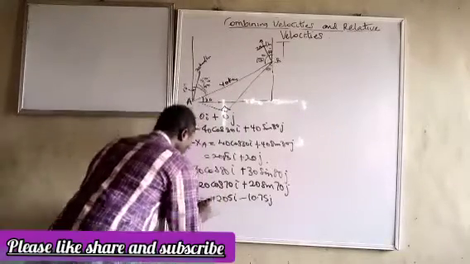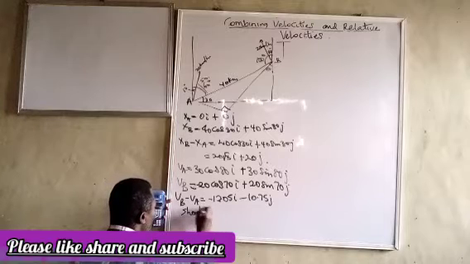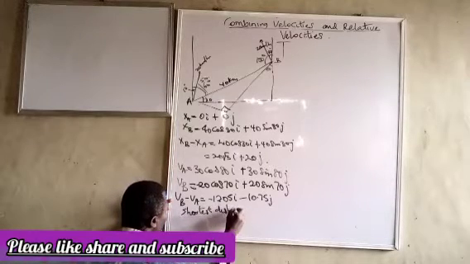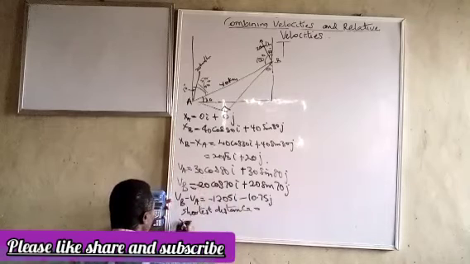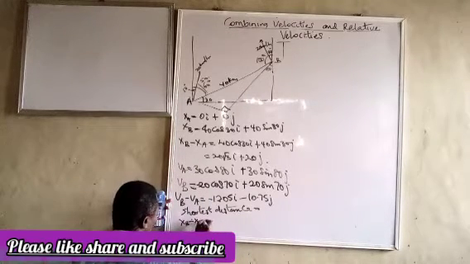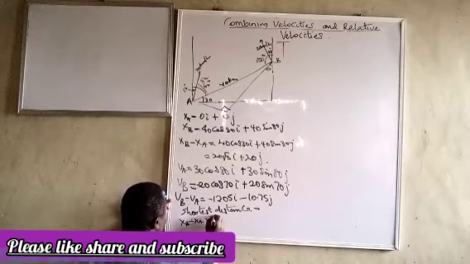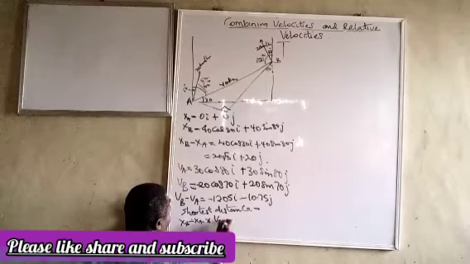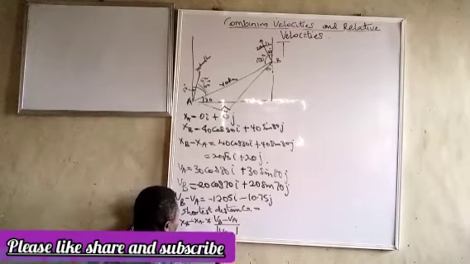So the shortest distance is equal to XB cross VB over the magnitude of VB minus VA.